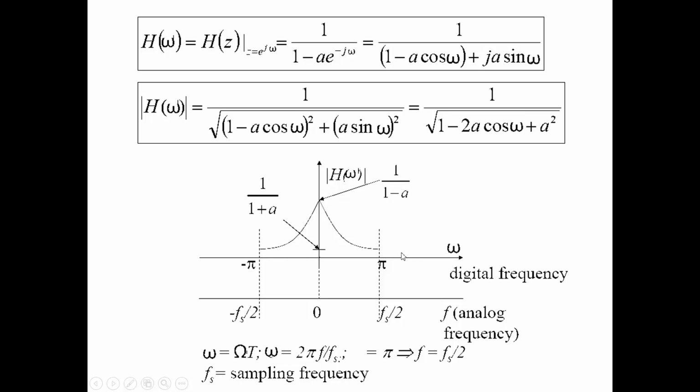When you put omega equal to pi or minus pi, it will be 1 plus a whole square under root. In that case, this value will be 1 over 1 plus a. The rest of the things we all know, because minus pi will belong to minus fs by 2 in the analog domain, and pi will belong to fs by 2 in the analog continuous domain.